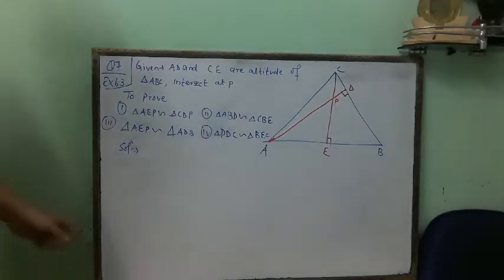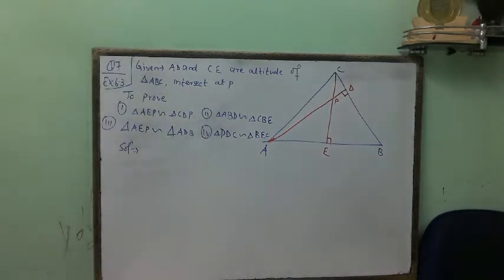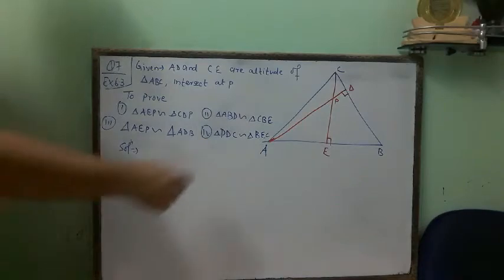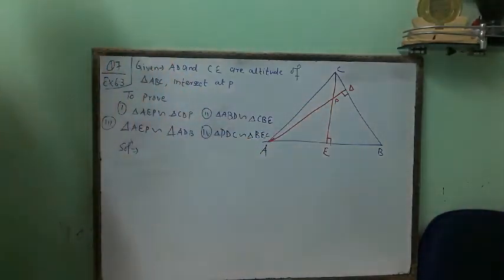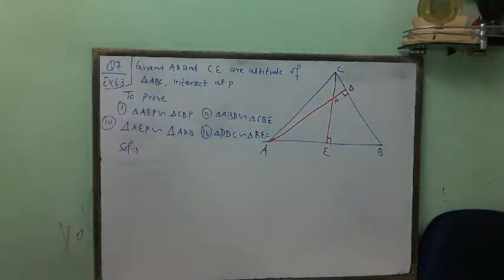See, this is question number 7 from exercise 6.3 of the NCERT book, in which it is given that ABC is a triangle, AD and CE are two of its altitudes. AD and CE intersect each other at P. I have written the given things on the board.